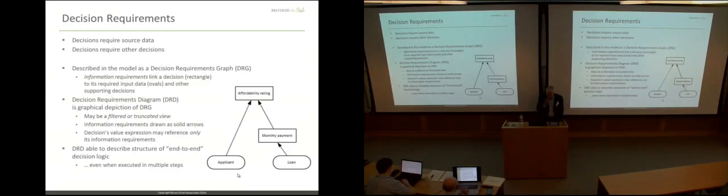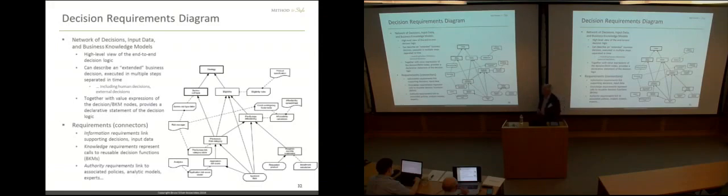In that diagram, the rectangles are called decision nodes, and the ovals are called input data, source data. And the solid arrows, called information requirements, define those relationships. They also define the variables in scope for any value expression. So in this decision, affordability rating, the only variables in scope are applicant and monthly payment, because those are the two nodes connected by these solid arrows, information requirements.